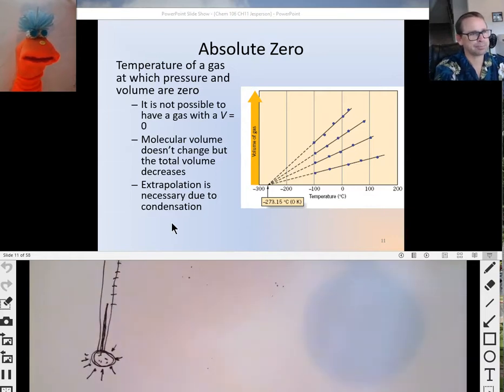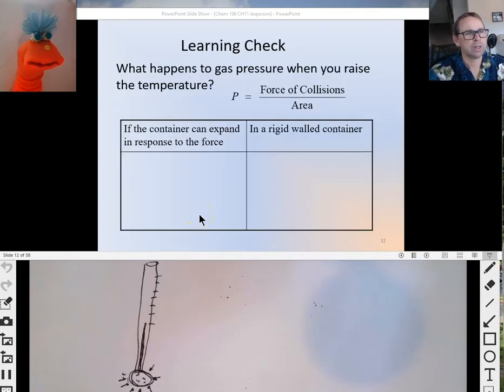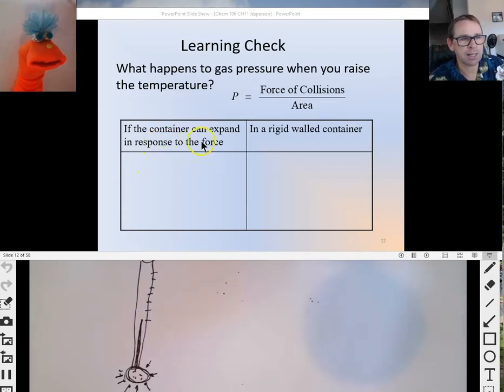Okay, so what happens to gas pressure when you raise the temperature? And now I have two different scenarios we want to think about. If the container can expand in response to the force, how will the pressure change?